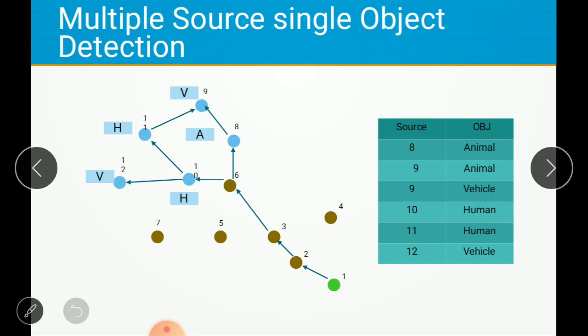The various nodes identify the different objects. The same problem occurs here: it is hard to distinguish which nodes identify which objects.